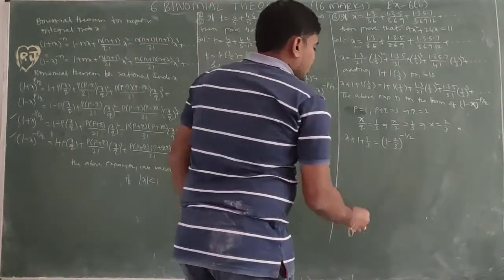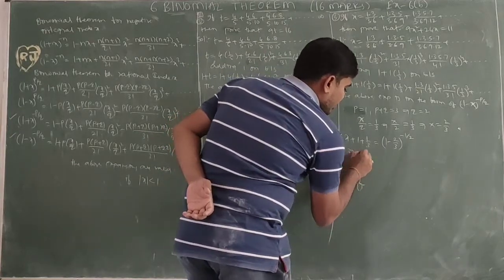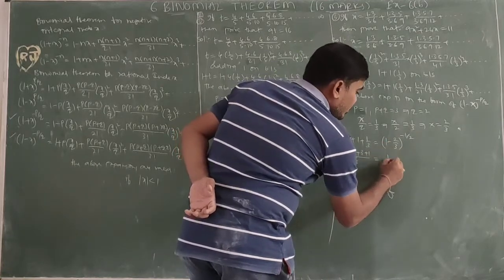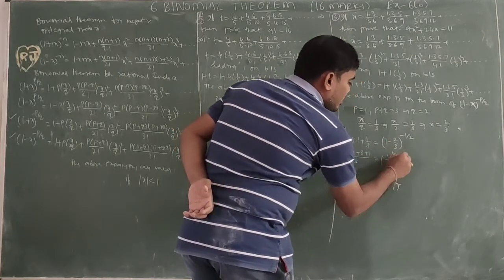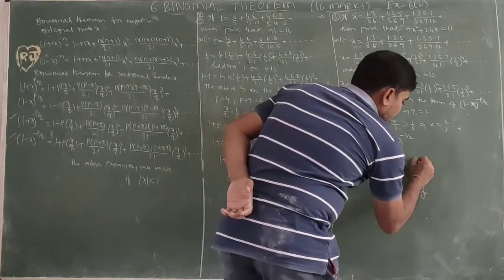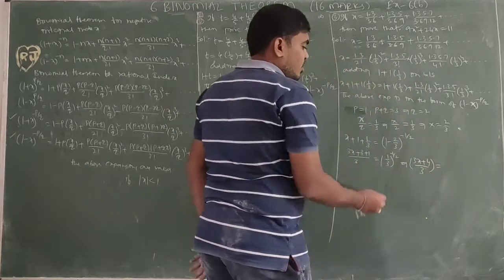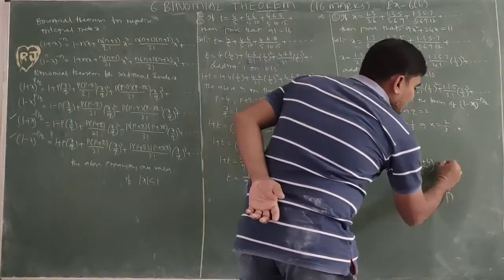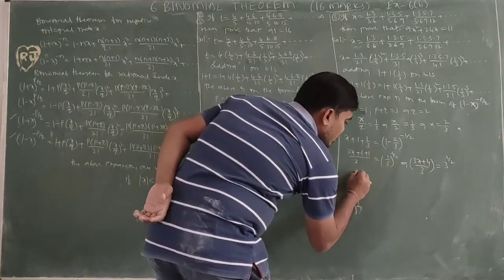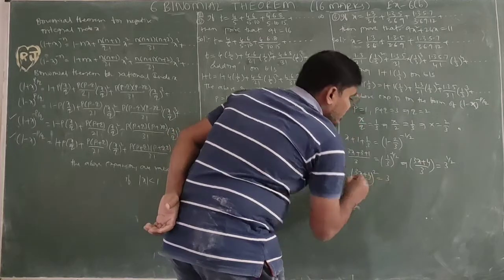Next, taking LCM: (3x plus 3 plus 1) by 3 equal to (1 minus 2 by 3) whole power minus 1 by 2, that is (1 by 3) whole power minus 1 by 2. So (3x plus 4) by 3 equal to, power negative, reciprocal, 3 power 1 by 2. Squaring on both sides, ((3x plus 4) by 3) whole square equal to 3.